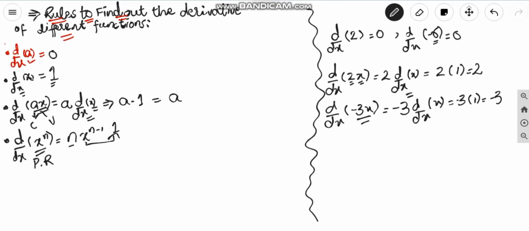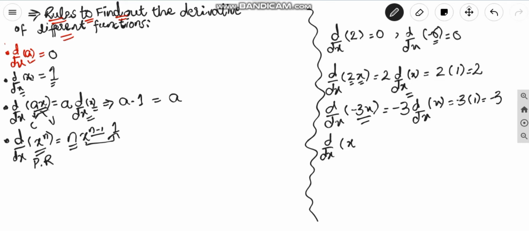To make it clearer, let's consider an example.